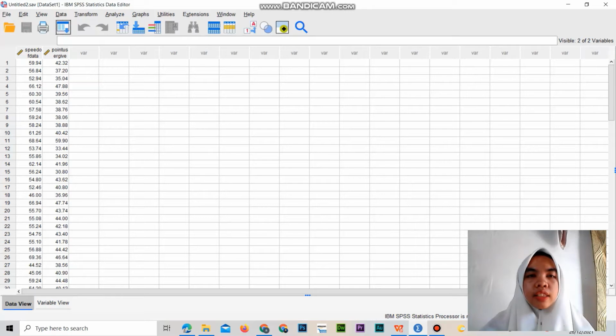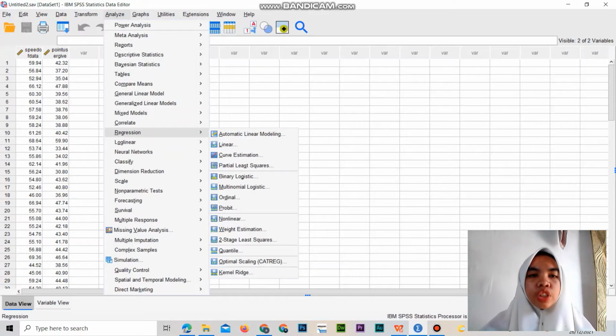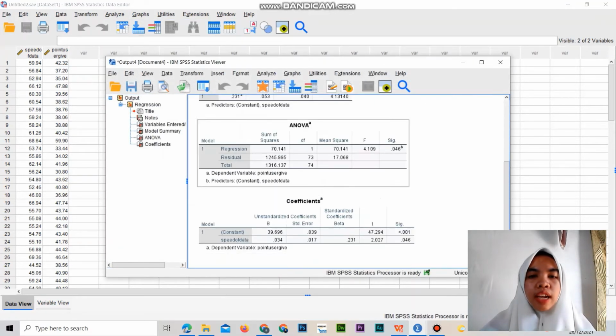So here this is the data in the SPSS software. To get that, we need to go to analyze, regression, and linear. Here we get the ANOVA and coefficient tables.